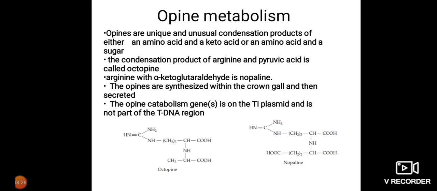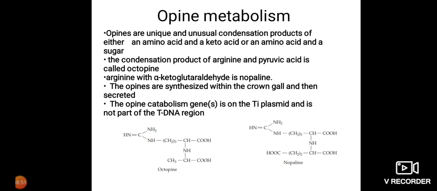Now another gene found in the tDNA is the opine metabolism or opine synthesizing gene. Here there are two opines, octopine and nopaline. They are the condensation products of arginine and pyruvic acid in the case of octopine, and arginine and alpha ketoglutarate in the case of nopaline.